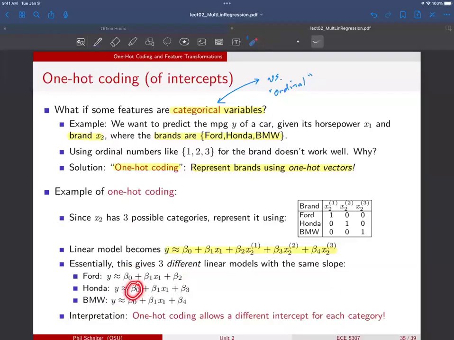For Honda, you have a possibly different intercept coefficient that you can fit. So when you do this kind of one-hot coding, you're essentially allowing a custom intercept for each brand, or for each category.